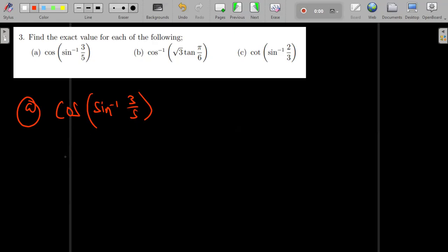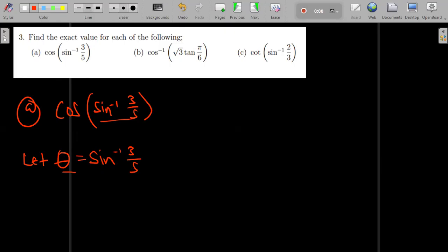We are going to say, let whatever is in the bracket equal to this symbol here. Let me just write this symbol as a theta, so that we can be mentioning it. So let's say theta is equal to the inverse of sine of 3/5.